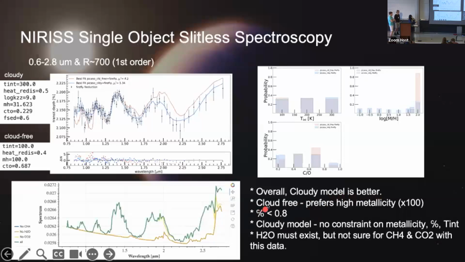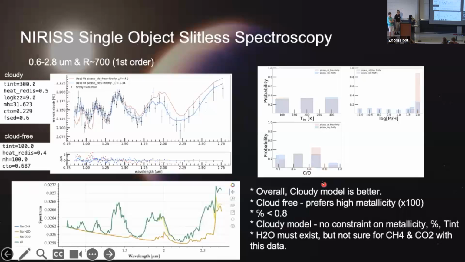For the cloud-free model, it prefers high metallicity, as you can see here, the red line. So 100 times larger metallicity. And the C/O ratio is likely less than 0.8.